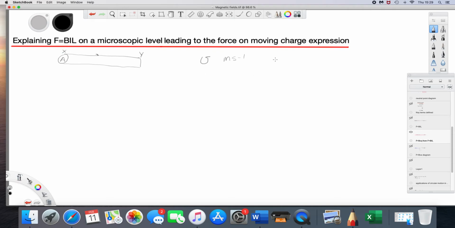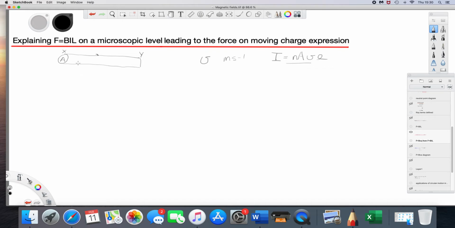Now, although we don't need to know this, in order to derive this expression, we need to know that the current in a conductor is the number of electrons per unit volume times the cross-sectional area of the conductor times the drift velocity of those electrons times the electronic charge. This is not an expression which is currently on the AQA syllabus, but it's important for this derivation.